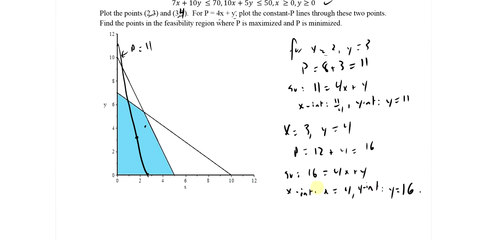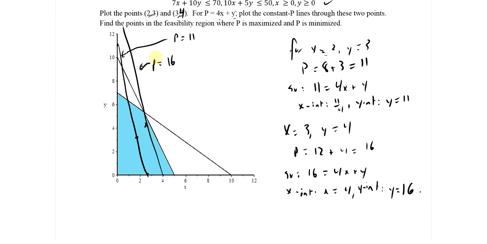So 16 is way up here, 4 we know is there. So what's the profit equals 16 line going to look like? It'll go through 3, 4, up like that. I'm going to draw this out here so my lines don't overlap. There, profit equals 16 is this line.